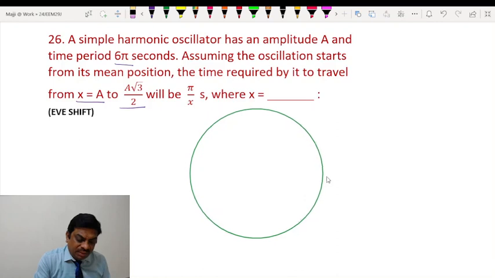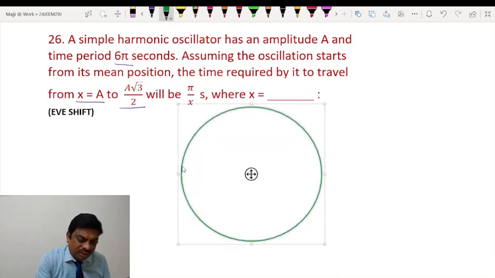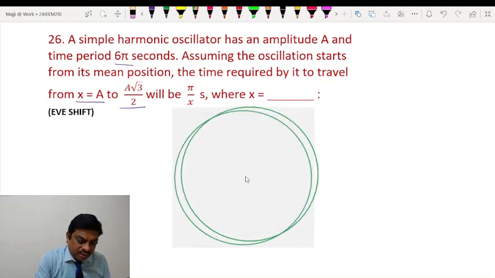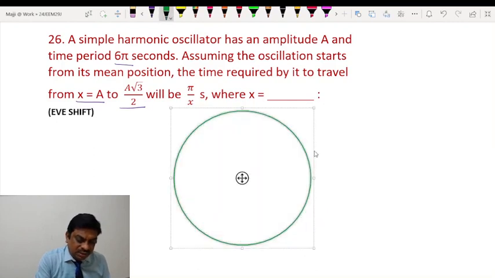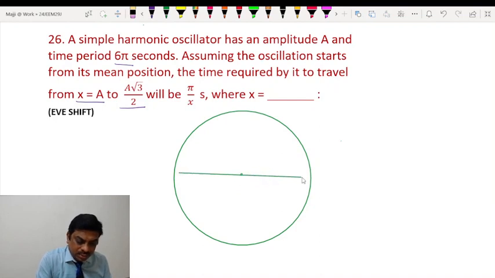We can comfortably solve this by using reference particle and reference circle. So this is a reference circle, students. I take this diameter.